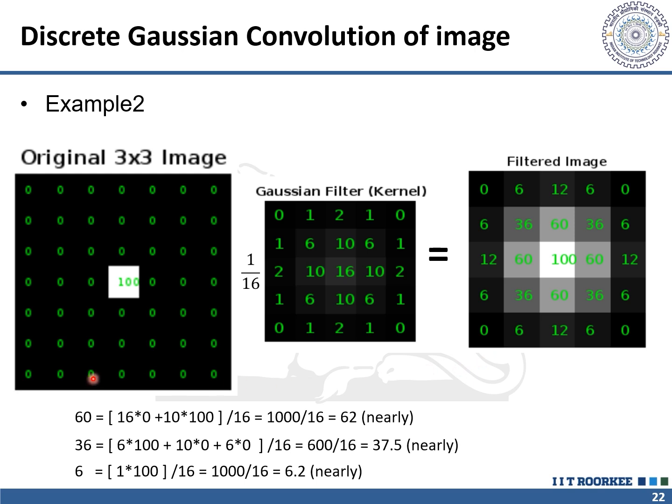So when we do this, we get 16 multiplied by 0, and we multiply 10 with this 0, and for this 10 we multiply with this 100, and the other elements will always be 0. So 10 into 100 will make the only non-zero sum, and divided by 16 gives 1000 by 16, which is approximately 62, but our answer here is 60.